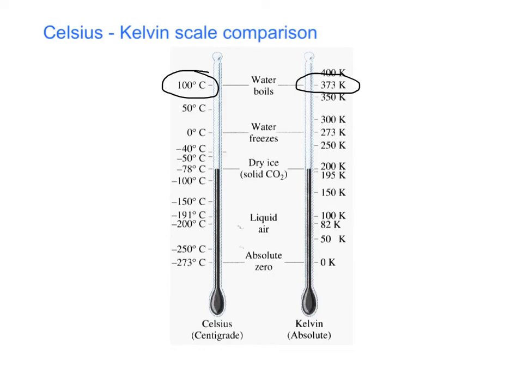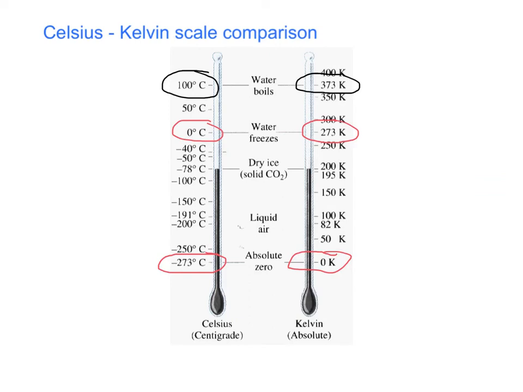Next, water freezes at 0 Celsius, the set point that they chose, which would be 273 Kelvin. Notice they're each 273 apart, so you might figure out how to convert between Celsius and Kelvin right now. Lastly, absolute 0 would be negative 273 Celsius, and 0 Kelvin. As we said, absolute 0 is where all molecular motion ceases.